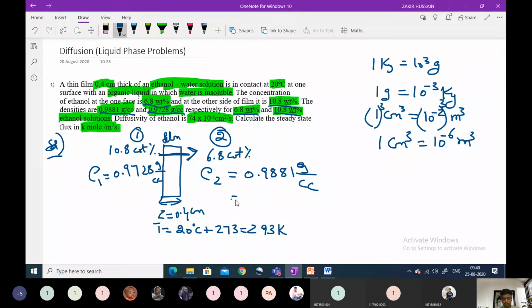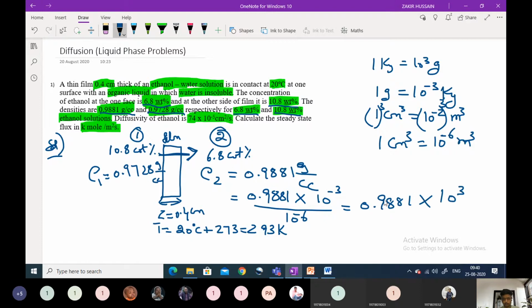Now we can convert this one. So 0.9881 into, gram to kg, 10 power minus 3. Then cc to meter cube is 10 power minus 6. So this we can take 0.9881 into this 10 power minus 6 will go to the numerator, then it will become 10 power 6. 10 power minus 3 into 10 power 6 is nothing but 10 power 3.